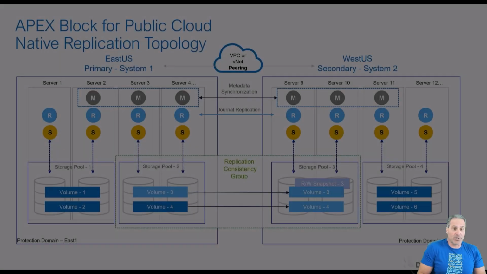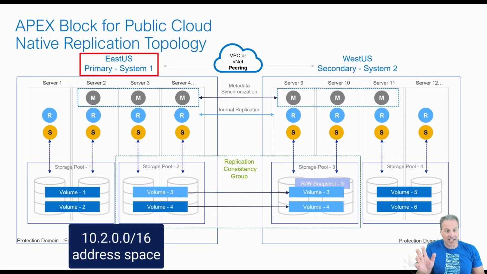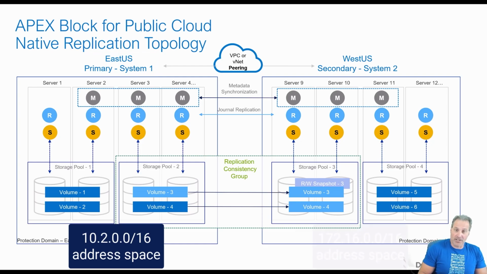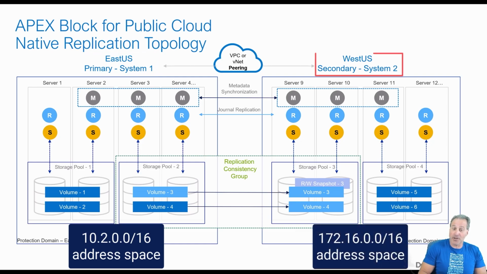So let's take a look first here at the topology that I deployed. I have, again, two systems, one deployed into an east region. It's using the 10.2 address space. And I have another system deployed to the west region, and it's going to use the 172.16 address space.